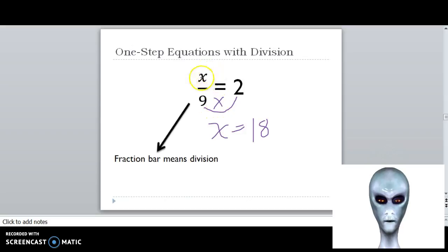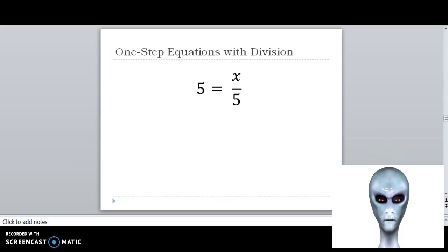I typically won't use x in these types of equations, so you don't get confused between the variable and the multiplication sign. Let's look at one more example. Some number when divided by 5 is equal to 5. What a lot of kids like to do is a little loop, and they put the multiplication symbol, so they know to multiply each of these numbers in order to get my variable.